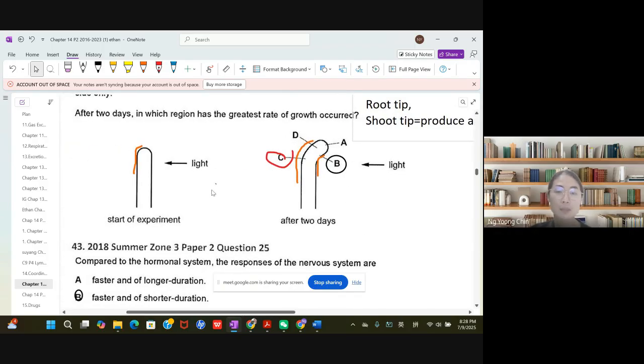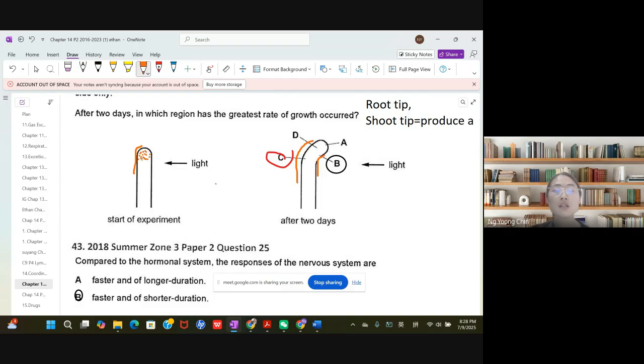In normal situations, without light stimulation, the auxin on the shoot tip will be uniformly distributed.